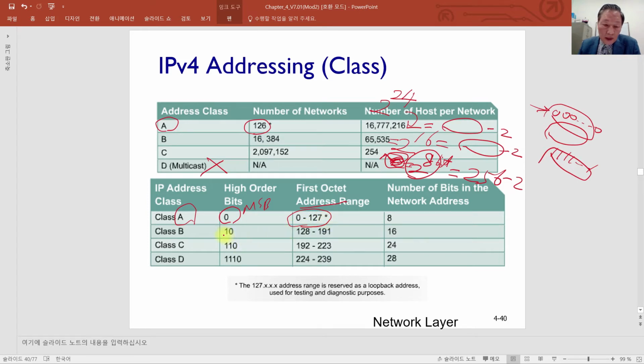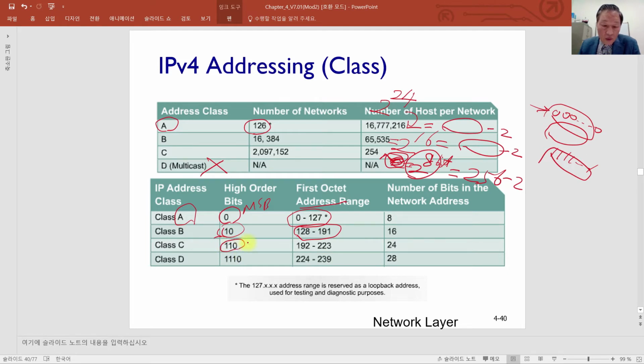The first bit is used for class B, so we cannot go to 128. This one is assigned to class B. Class B is like that. We are only considering the first byte here, even though we use another 2 bytes for the network address, and we don't need to talk about this.